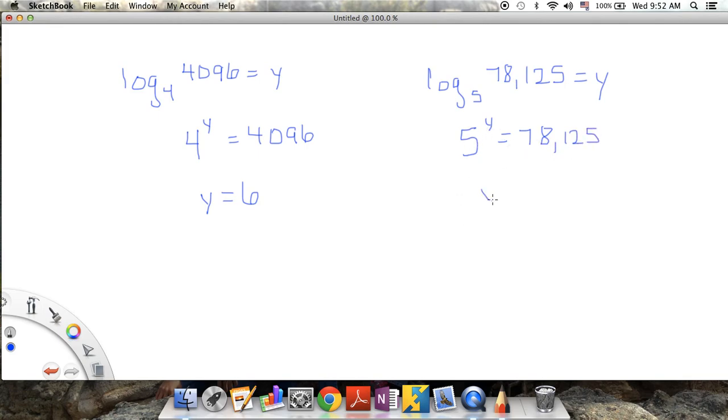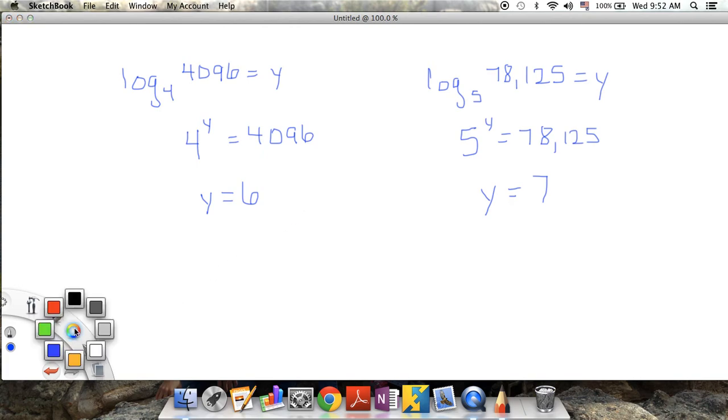We divide by 5, divide by 5, divide by 5, until we see how many times we have to go down. So we end up with y equals 7. Make sure you go back and check these. Type it in, 4 to the 6th, and check. It's 4,096. 5 to the 7th, it's 78,125.